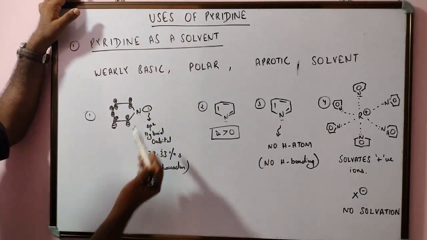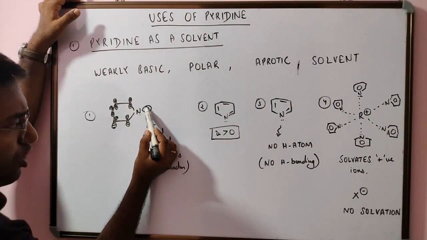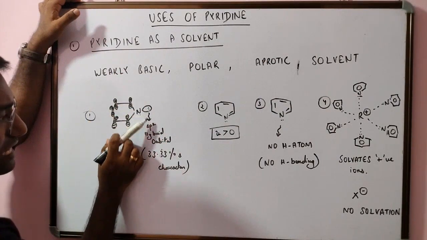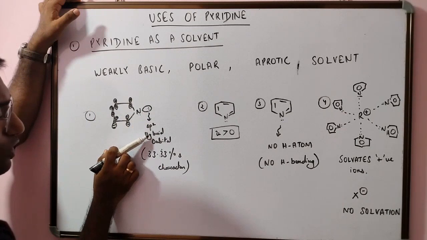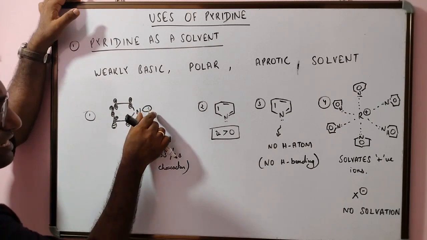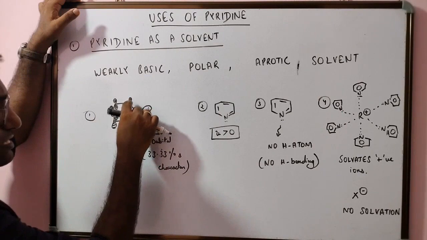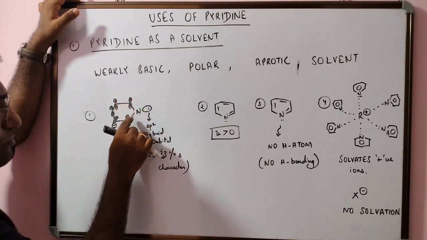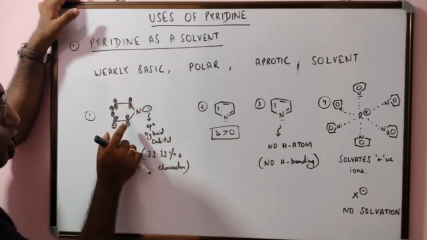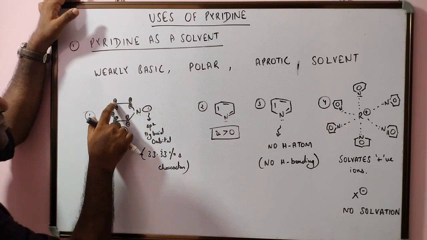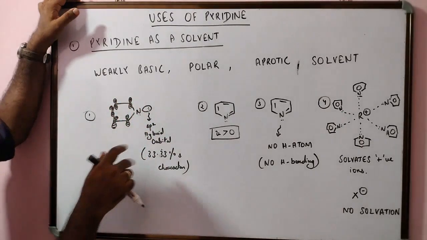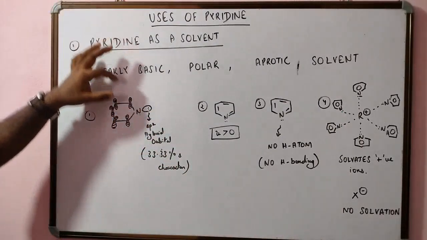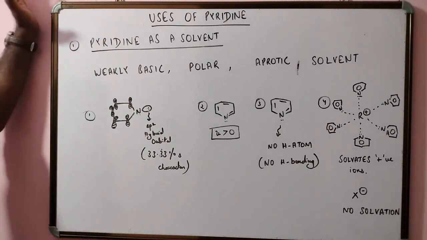Weakly basic. The lone pair of electrons on the nitrogen atom of the pyridine ring lies in the sp2 hybrid orbital, which is in a different plane from that of the plane in which the unhybridized pz orbital of each of the atoms of the pyridine lie. That is to say that the overlapping of these two orbitals is not possible.